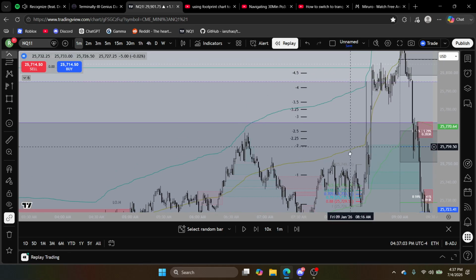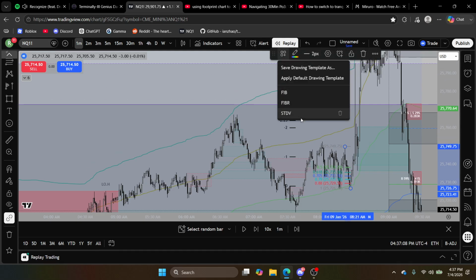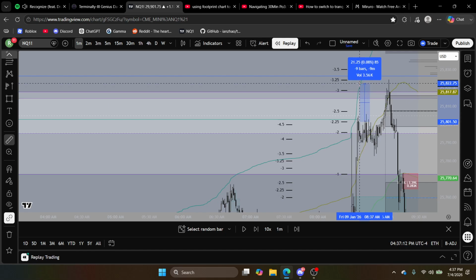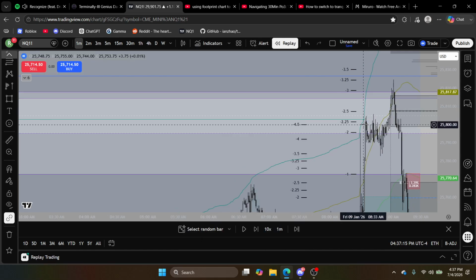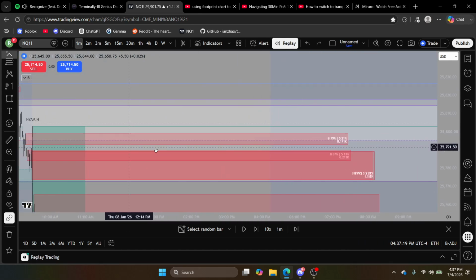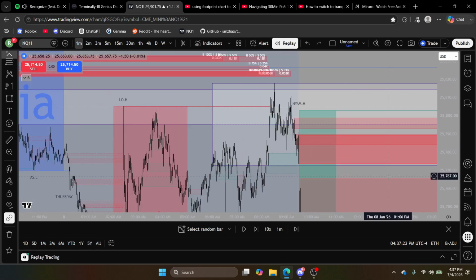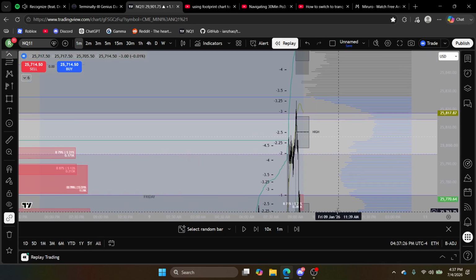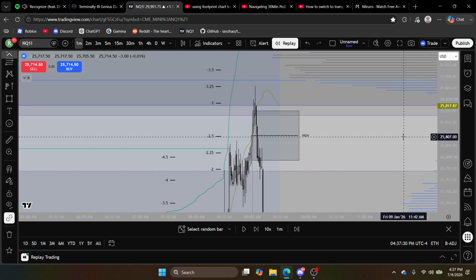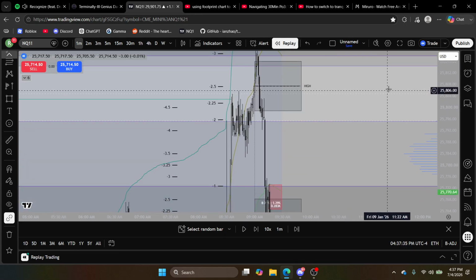I don't know. 4.5. 2.5, right? And 2.5 is at the very top of this rejection block. Ooh, I don't know though. Even if we took 2.5 instead, with a 20-point stop loss, 17-point drawdown, we would have been fine.